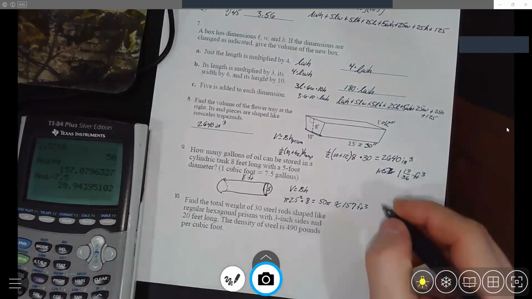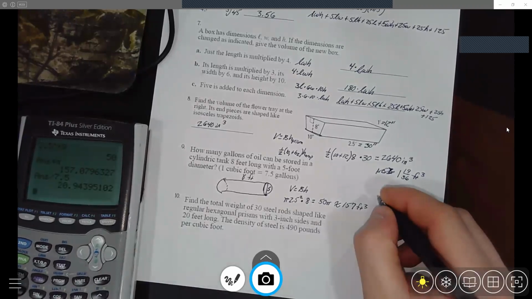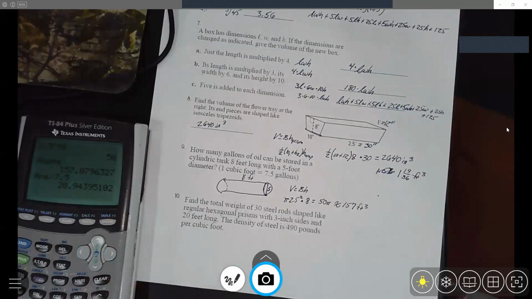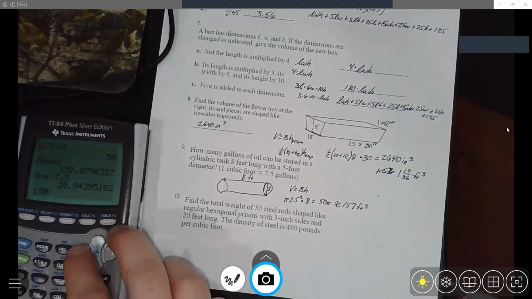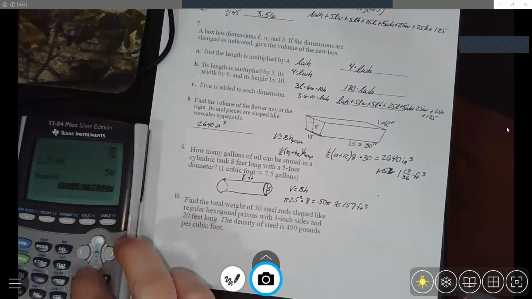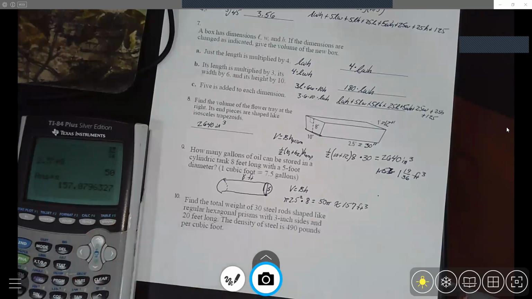And so we get, sorry, I did that the wrong way. We have 157 cubic feet, and every cubic foot holds 7.5 gallons. So we got to multiply by 7.5.